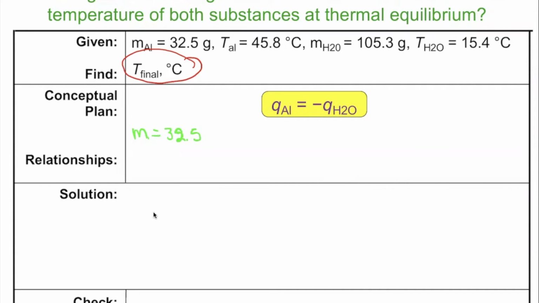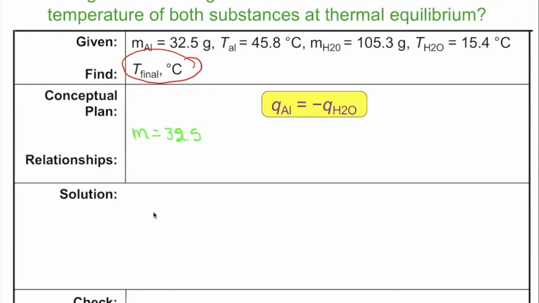The equation is going to be Q equals m Cs change of T. It says that the cube of aluminum is 45.8, and it's submerged into water of 15.4.